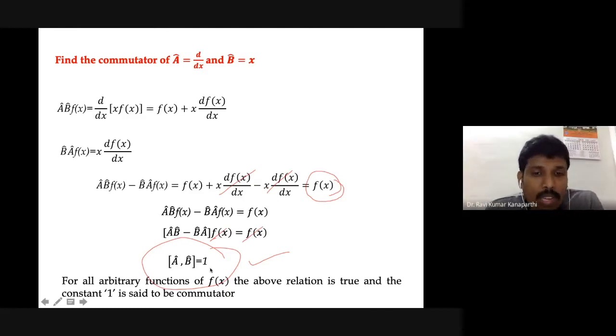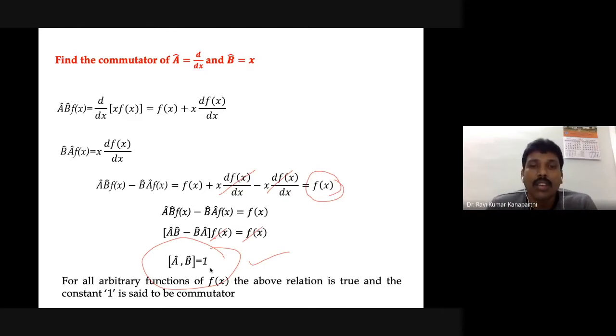Therefore, 1 is the commutator, and since we are getting a non-zero quantity at the end of this evaluation of AB f of x and BA f of x and their subtraction, we say that the operator d upon dx and the operator B, which is nothing but x, do not commute.